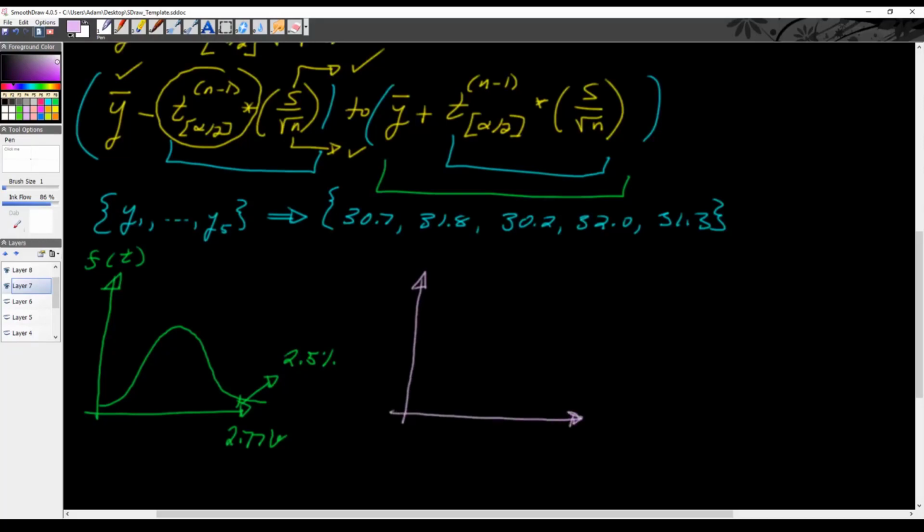So instead of looking at the distribution of grade point average, I'm looking at the distribution of the average grade point average. The distribution of grade point averages might go from 0 to 4, but the distribution of the average will be tighter. But this is the cool thing.